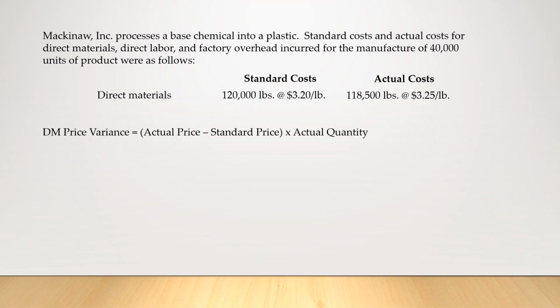If you don't have the workbook, or if you attempted these calculations using the previously supplied formulas, they would yield the same results. The standard and actual cost per pound are $3.20 and $3.25.